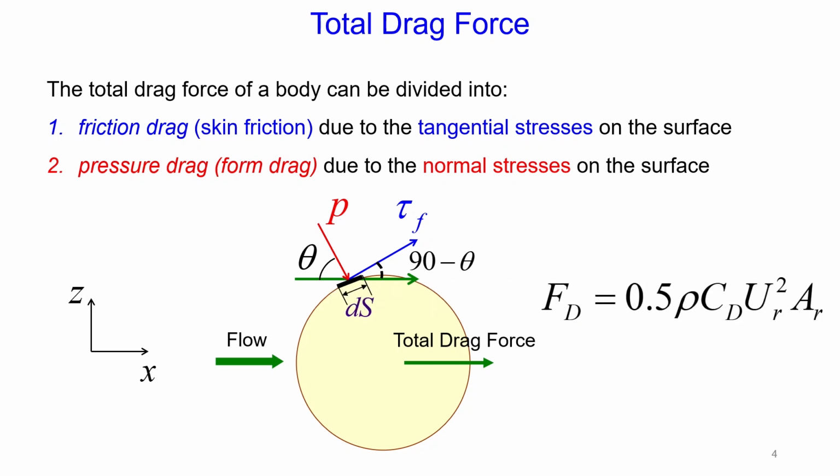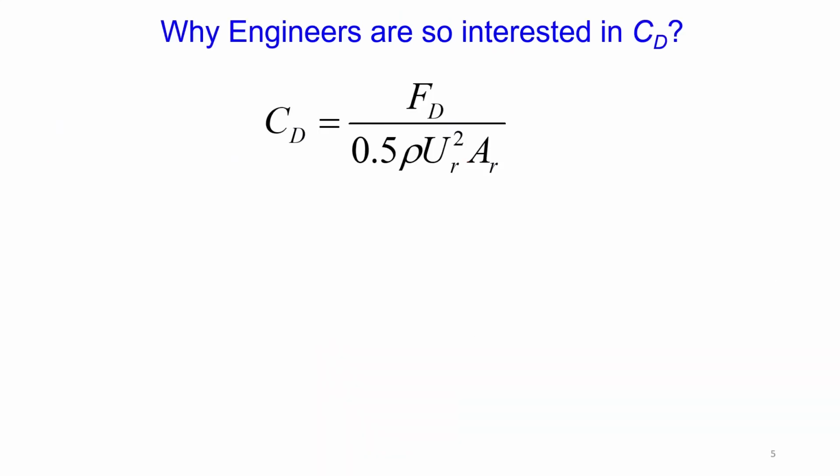The parameterization of total drag force is the commonly used formula which relates total drag force to the fluid properties, expressed through the fluid density, drag coefficient, the square of reference velocity, and also the projected reference area, or frontal projected area.